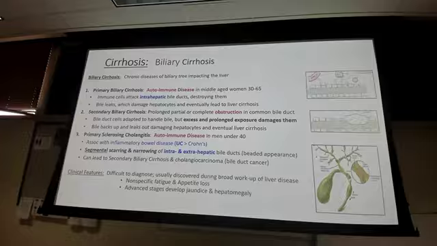That can lead to secondary biliary cirrhosis, where it starts to damage the bile ducts, backs up, leaks out, and causes damage to the liver. It can also cause cancer of the bile ducts, because that chronic inflammation can start causing mutations in those cells.